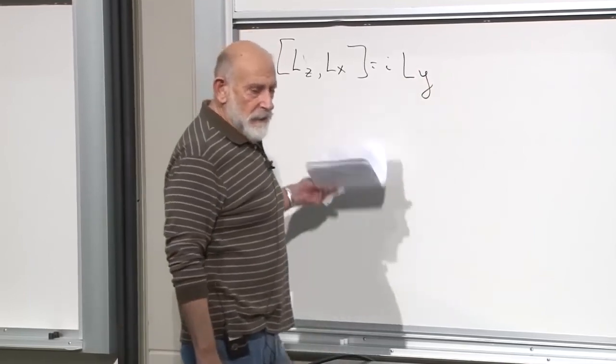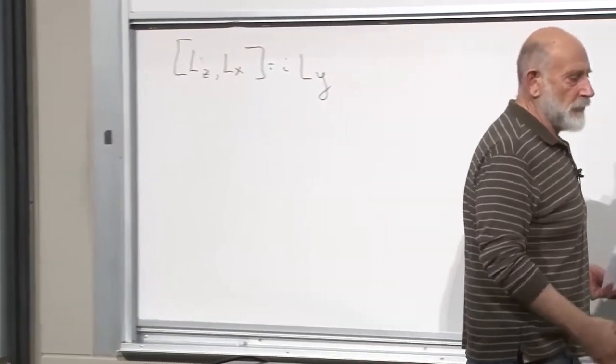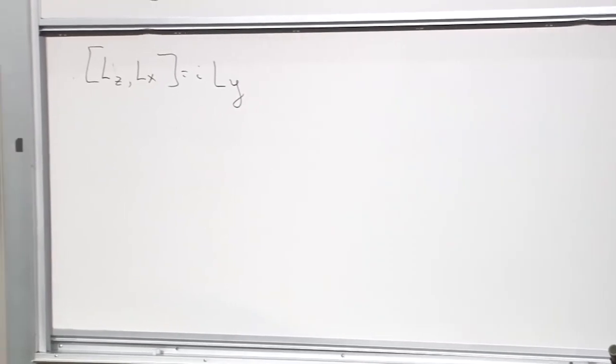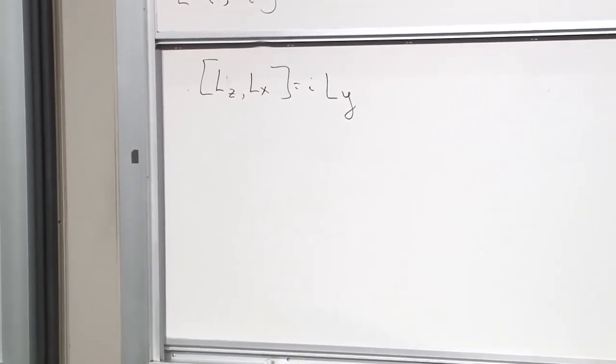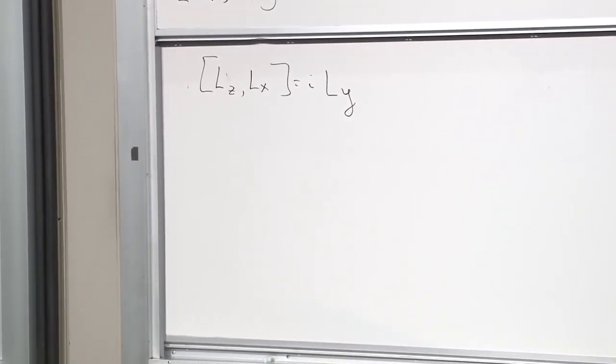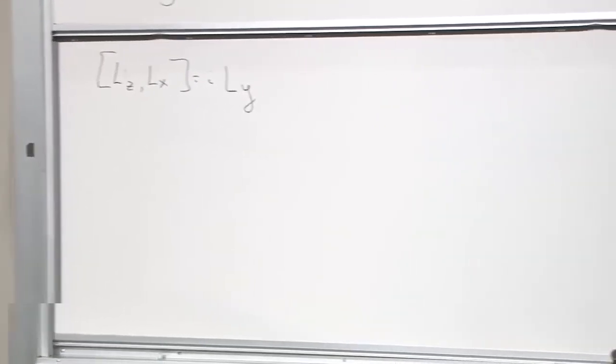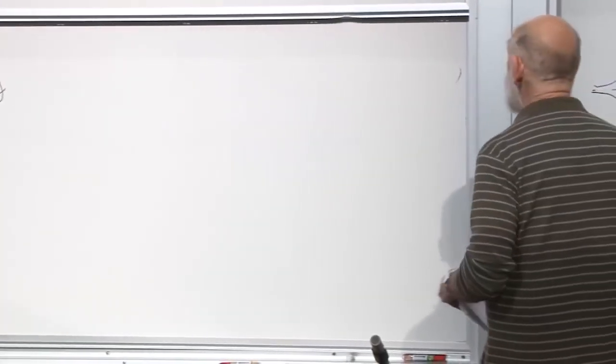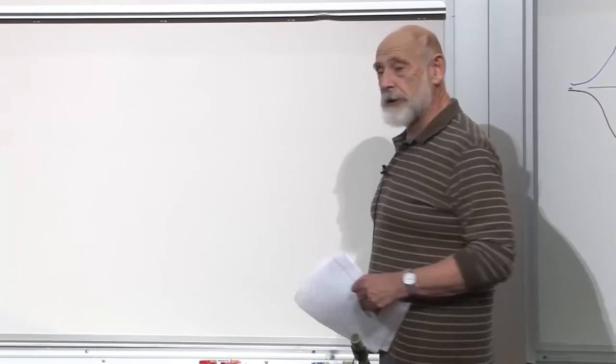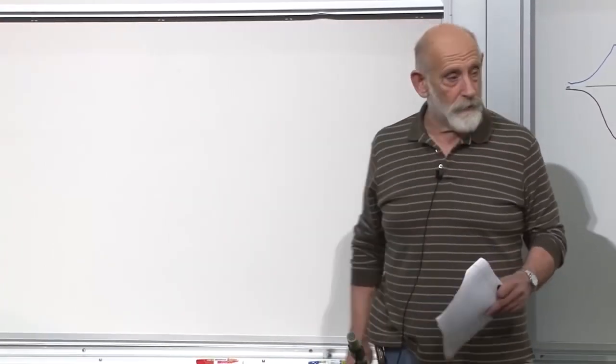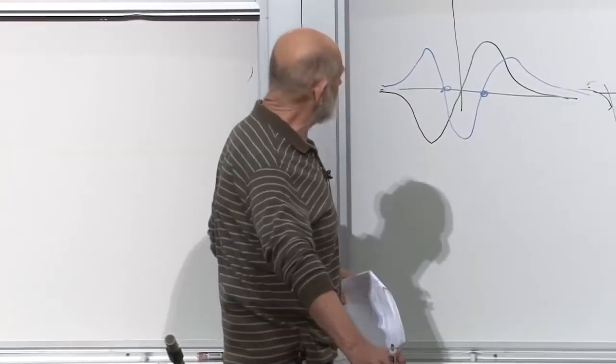And the other 2 are just cyclic permutations. You may have noticed that these commutation relations are closely related to the commutation relations of the Pauli matrices. So let's write the 3 Pauli matrices and check whether this is true of them.